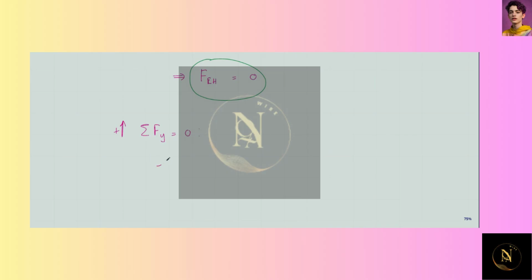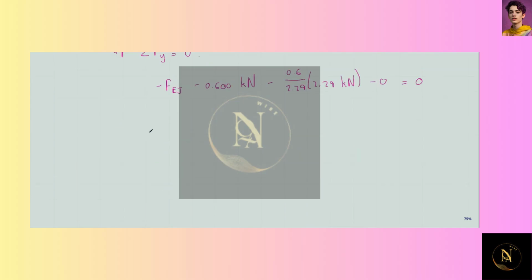So this is minus FEJ minus 0.6 kilonewtons minus 0.6 over 2.29 into 2.29 kilonewtons minus 0 is equal to 0, which means again we can solve for this force FEJ, and we once again get a negative answer. So FEJ is 1.2 kilonewtons, and this is a compressive force.